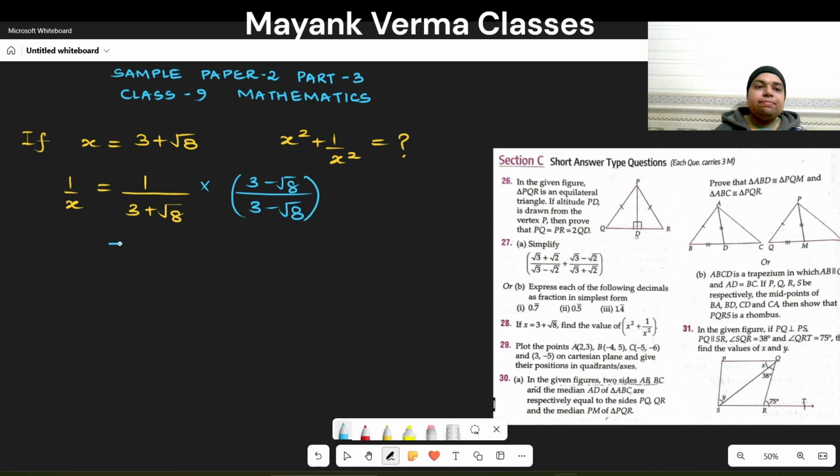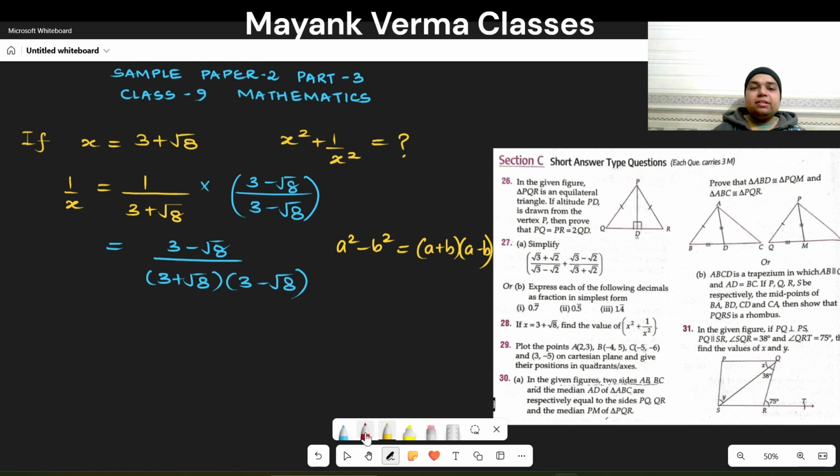And it will become 3 minus root 8 in the numerator, and 3 plus root 8 times 3 minus root 8. Now remember the property, a square minus b square is equals to a plus b times a minus b, right?